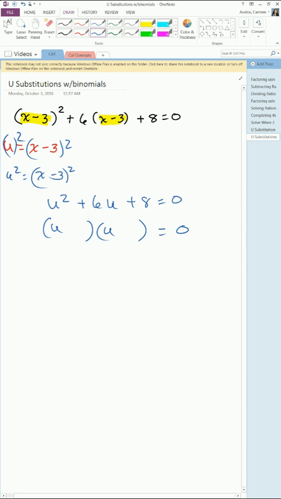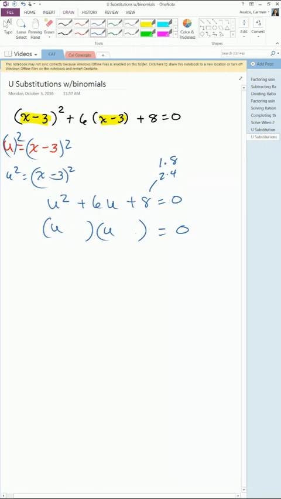And then I know the factors of 8. The factors of 8 are 1 and 8, and 2 and 4, so those are the only factors of 8. Since these are the factors of 8, those are the only two options that could be here. I could have a 1 here and an 8 here, or I could have a 2 here and a 4 here.